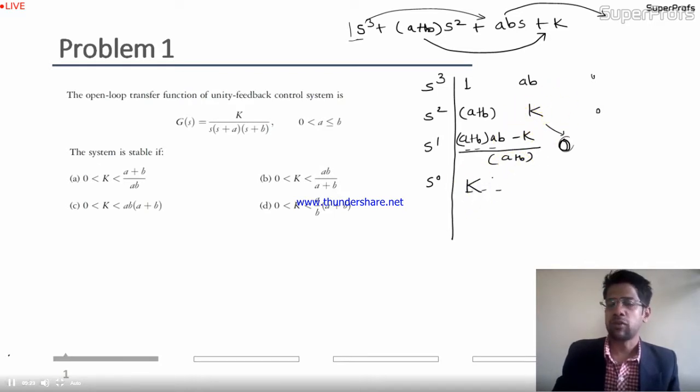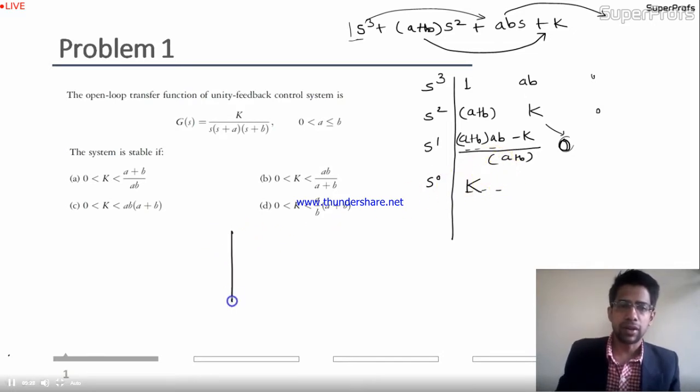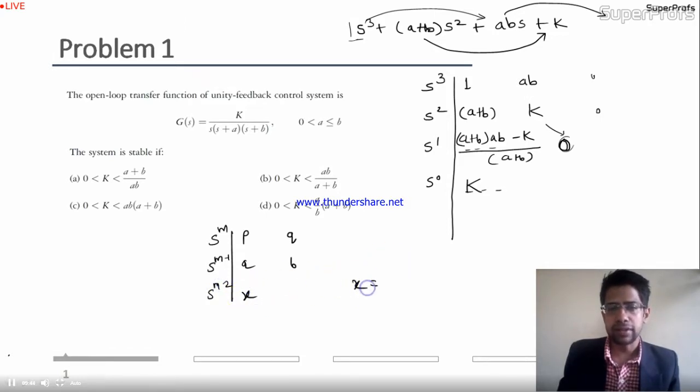Hope you are following. So basically, whenever you need to find any Routh array coefficient just below, let this be S raised to M and this is S raised to M minus 1. This is P, Q, A, B, and if you need to find X, then X is equal to A into Q minus P into B, divided by A. Okay, so this is how you calculate this value.